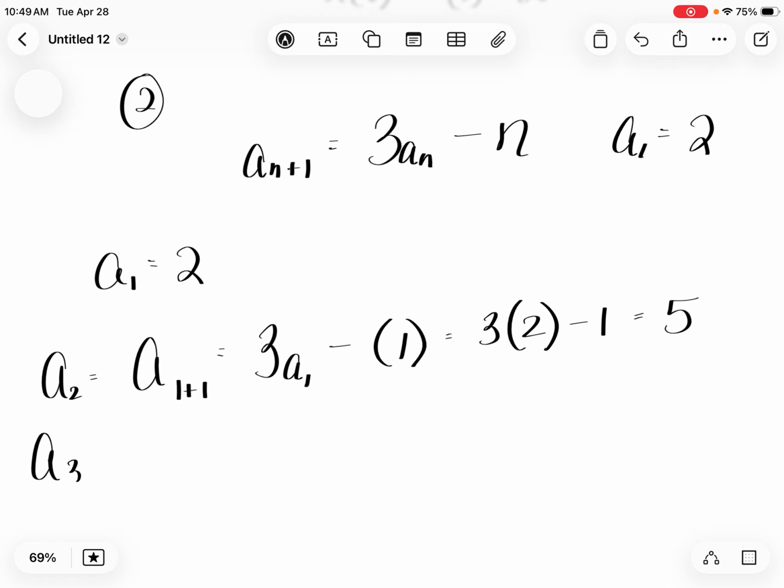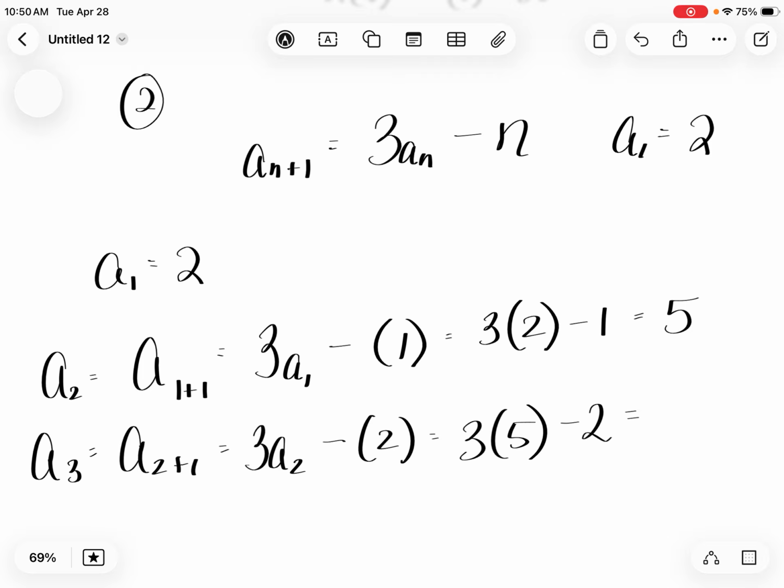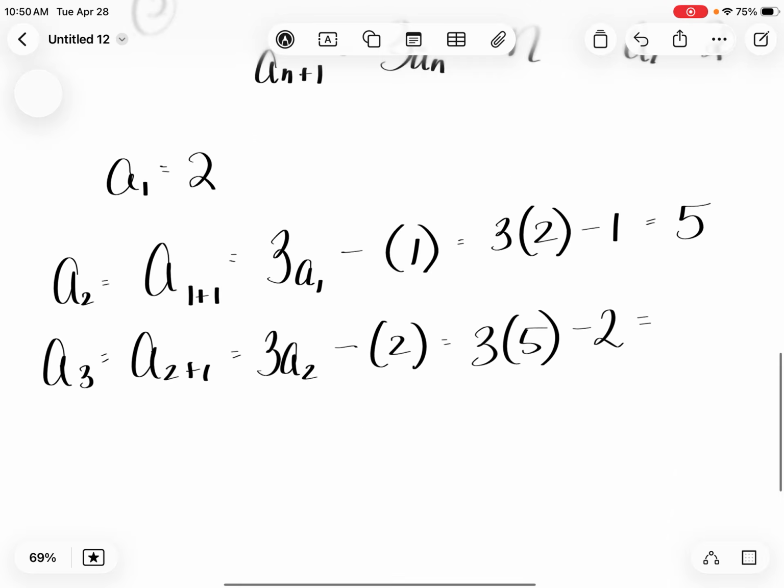And when you're finding A3, that's like saying A2 plus 1. So that's saying 3 times A2 minus 2. Or 3 times 5 minus 2. 3 times 5 is 15. 15 minus 2 is 13.